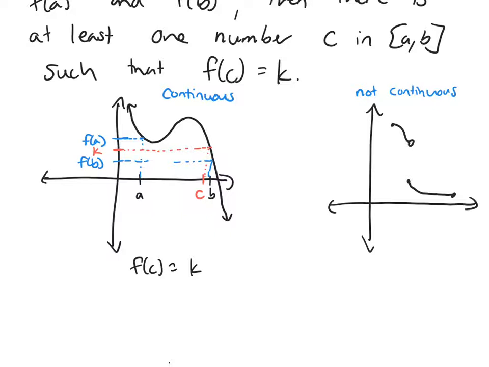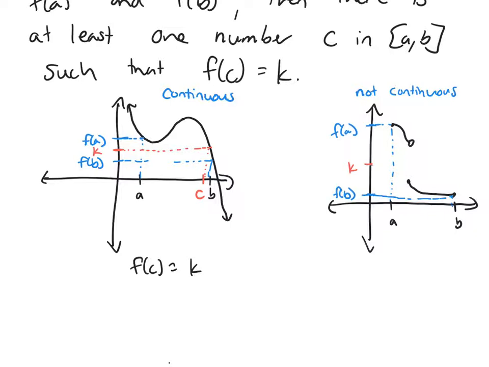Okay, so let's say the start here's a, and here's b, x equals b. And then again, I can take my f of a value. So right here, here's f of a. Here's b. Plug that in. Here's f of b. And now if I take a number between those, so let's say right here's k.